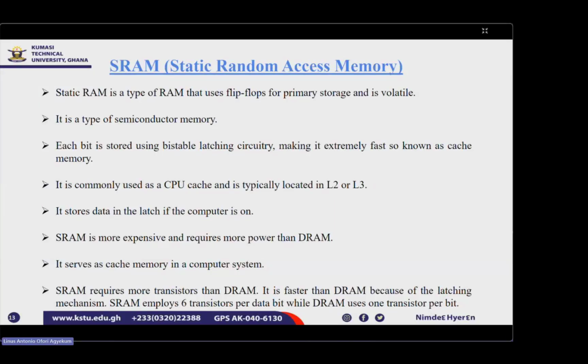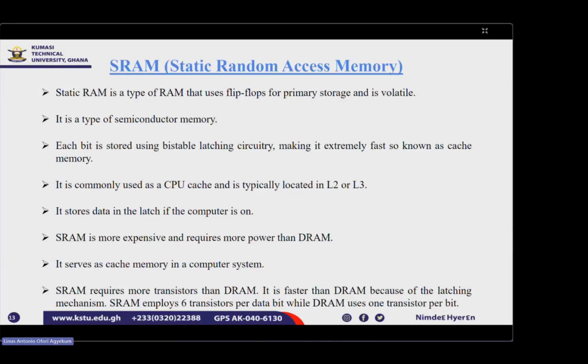Now, all these memories, because they are semiconductor devices, their design is made up of transistors. So the SRAM would require more transistors than the dynamic RAM.